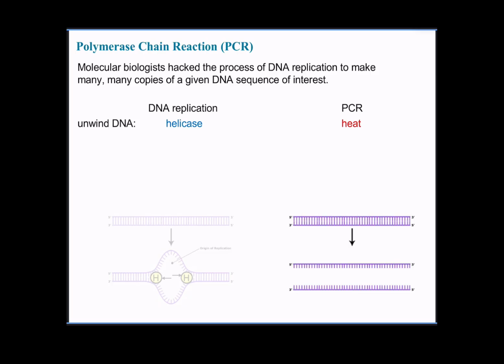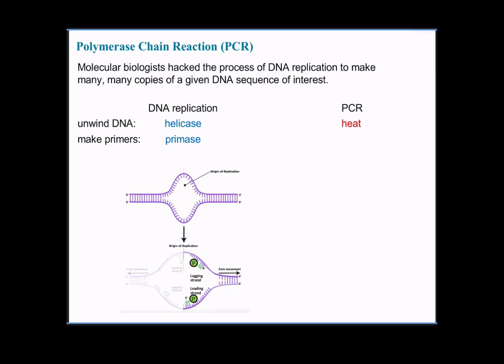Helicase will open up very restricted regions of that long DNA molecule, whereas heat, if we bring it up to almost boiling, 95 degrees Celsius, you can separate both strands in their entirety. So far, so good?